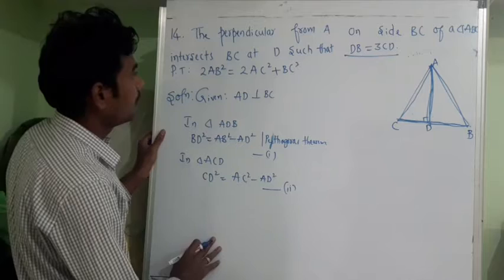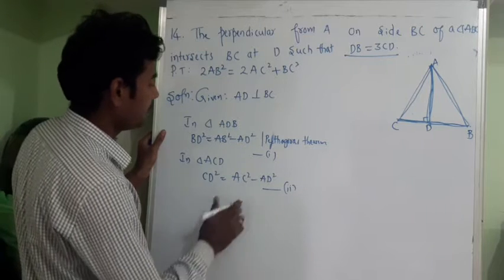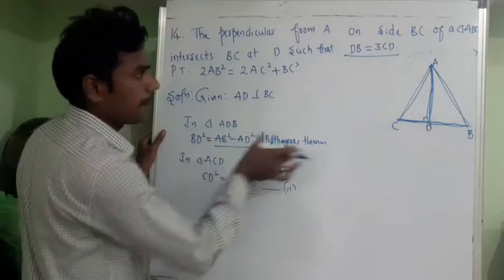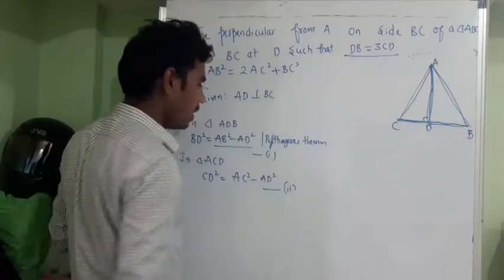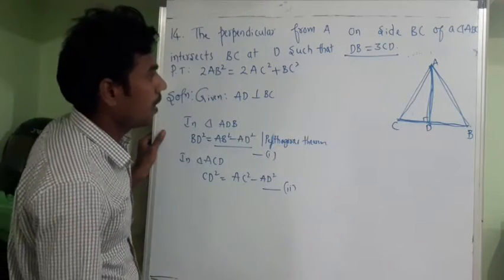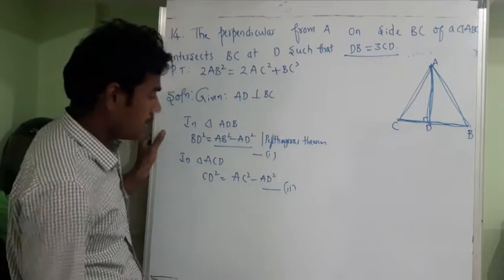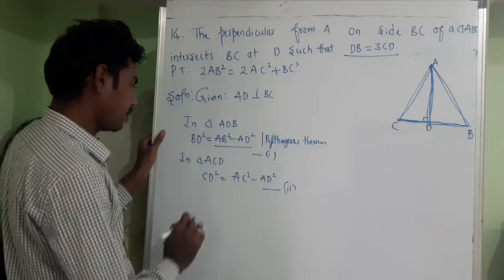So now what can we write? This is AB square minus AD square, and this is AC square minus AD square. So now 1 minus 2.